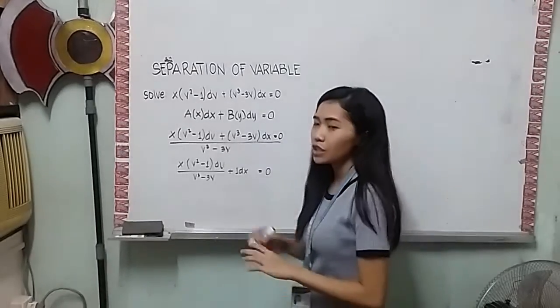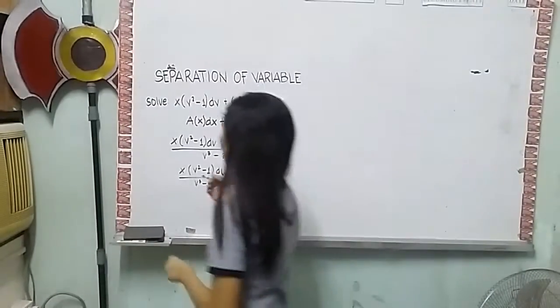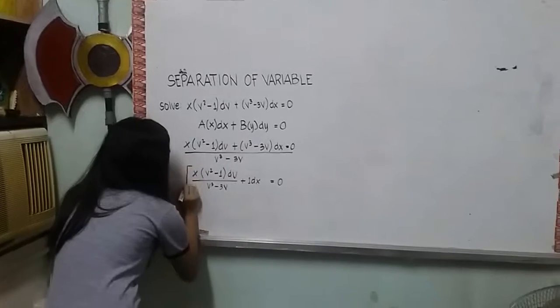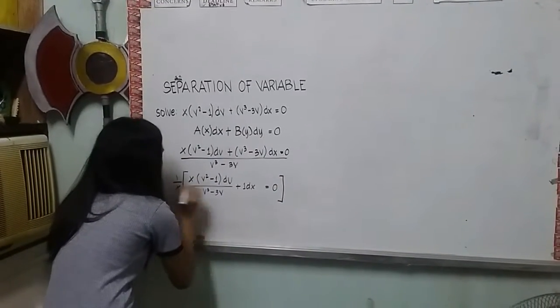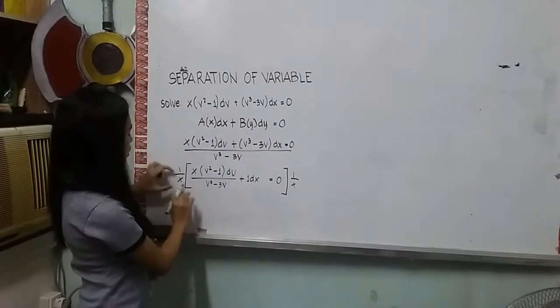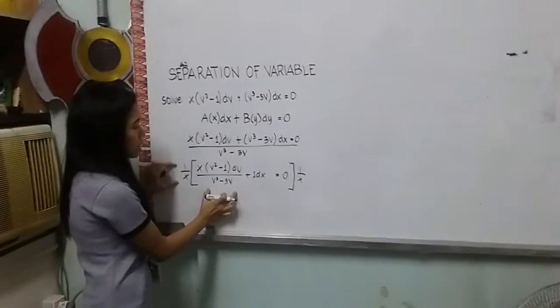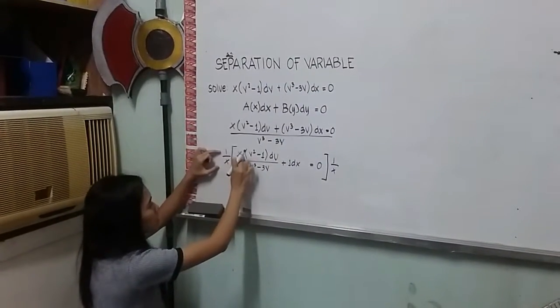So in this equation, we will multiply both sides by 1 over x. When we multiply this 1 over x to this equation, we cancel the x here.